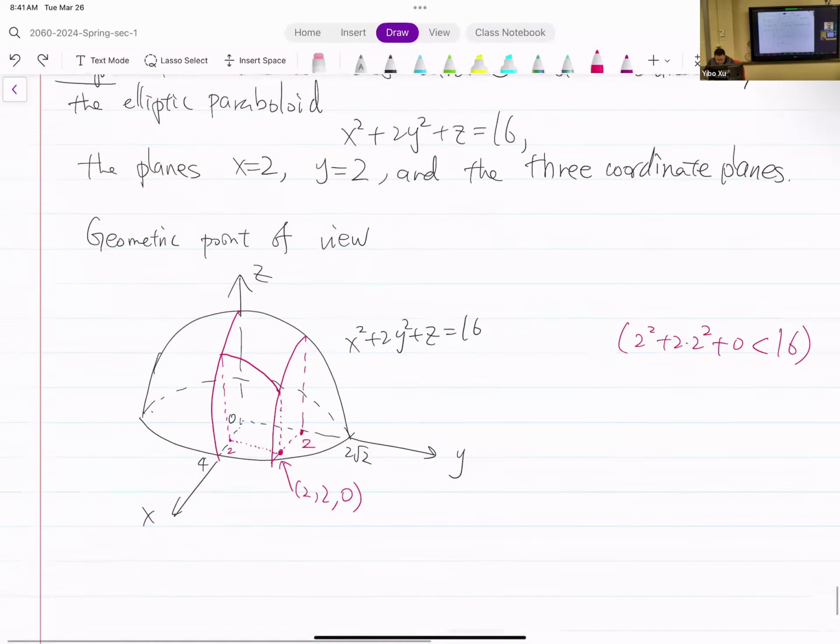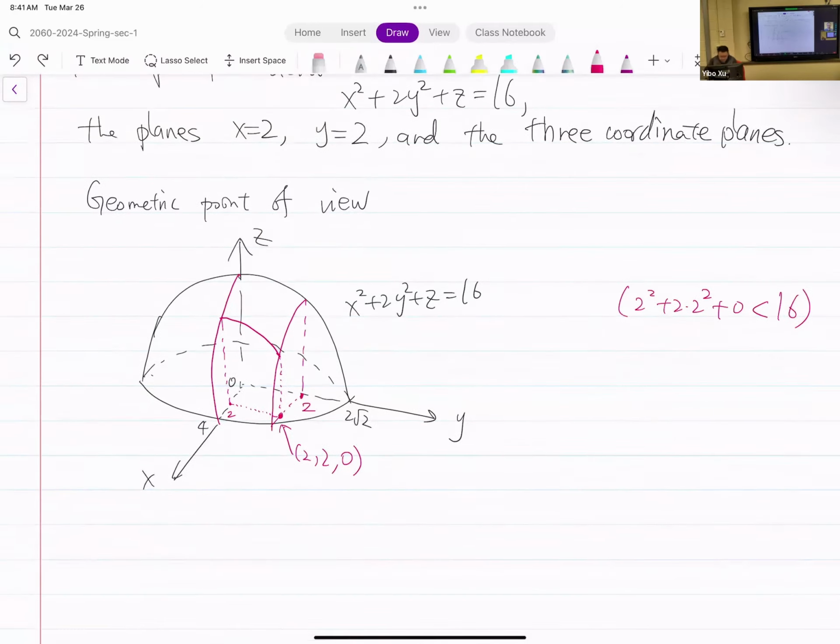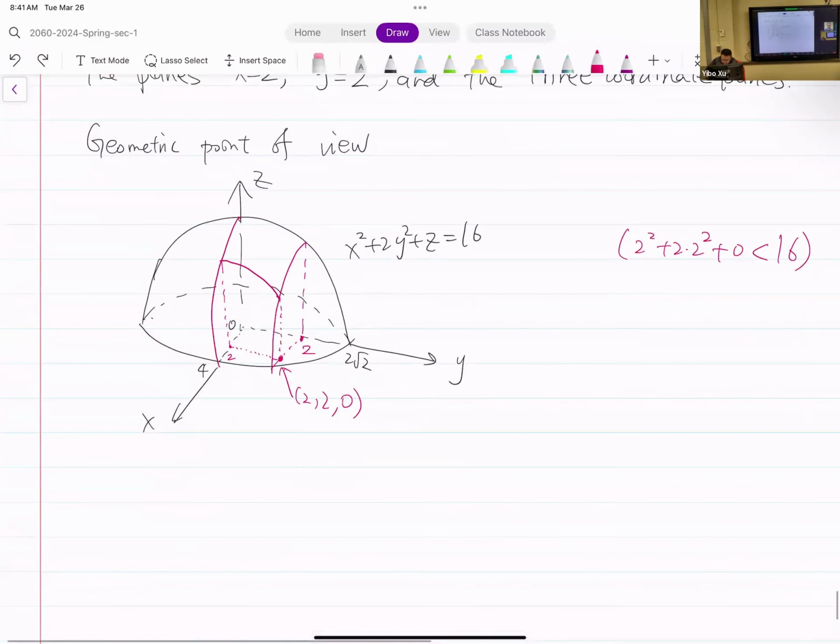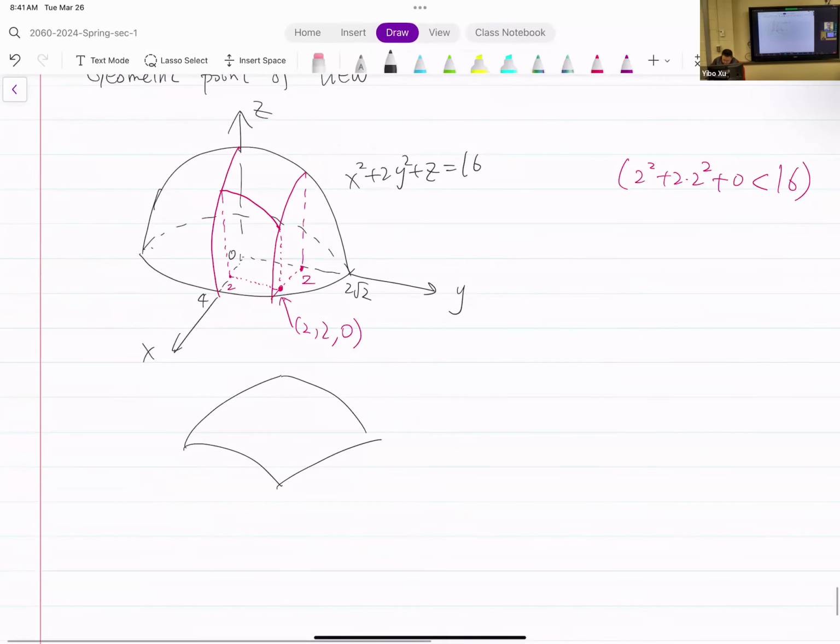So this is exactly the shape where on the top we have a surface, but then in the front we have, so this is y equal to 2, so this is x equal to 2.